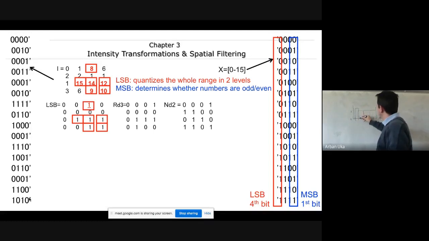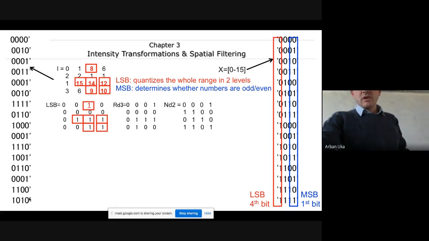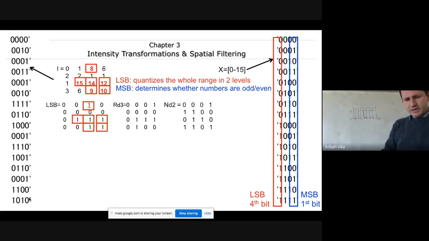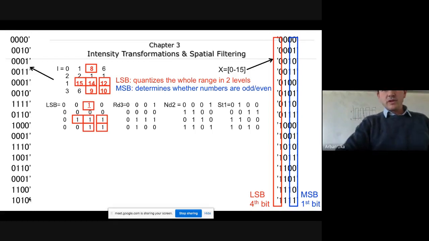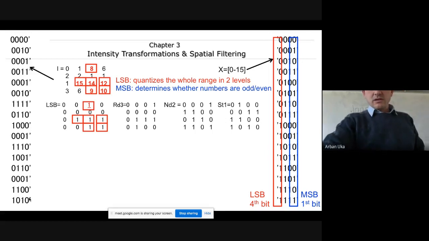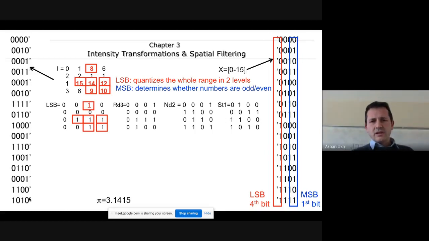Then we get 0 again, 1, 0 again, 1. So this is what the third bit is doing. And the last bit is just going 0, 1, 0, 1. Each time the pixel value changes from an even number to an odd number. Okay, so this is the last bit. So this is the first, second, third, and the fourth.